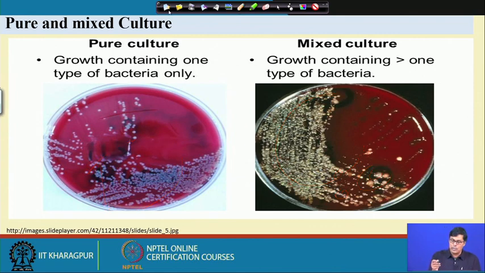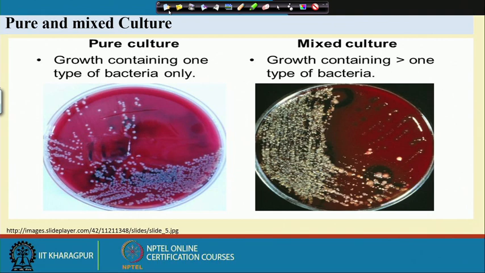So this is how we can differentiate. Not only that, if you see under the microscope, from the morphological study also we can find out whether your organisms are pure. I can give a typical example of a pure culture.